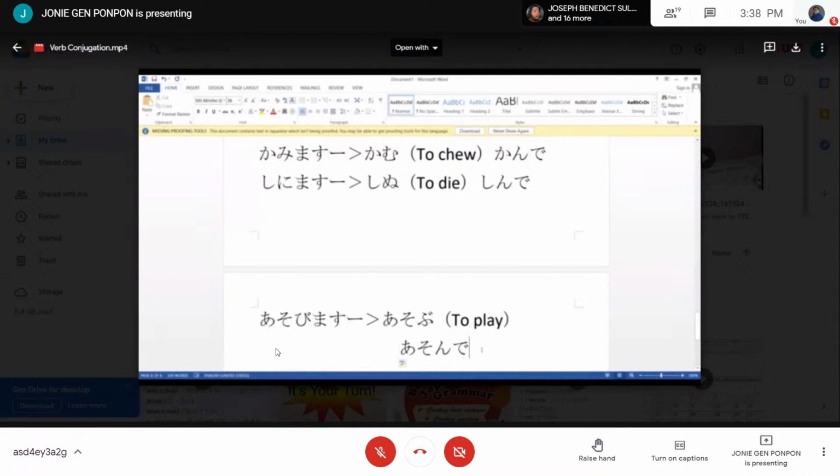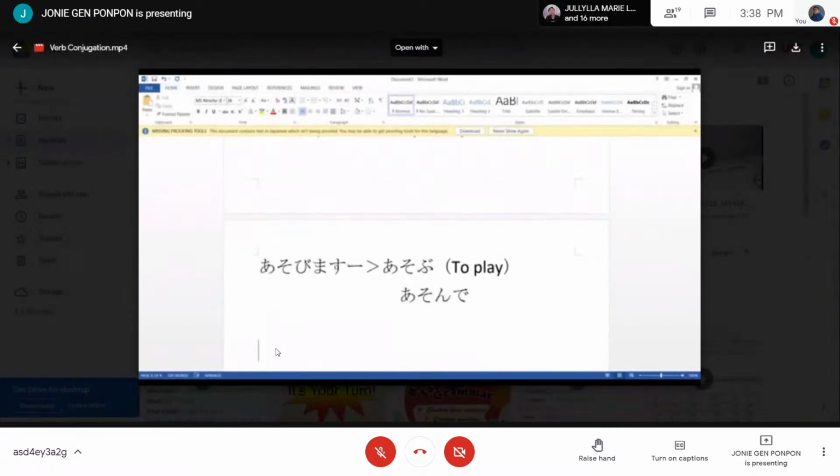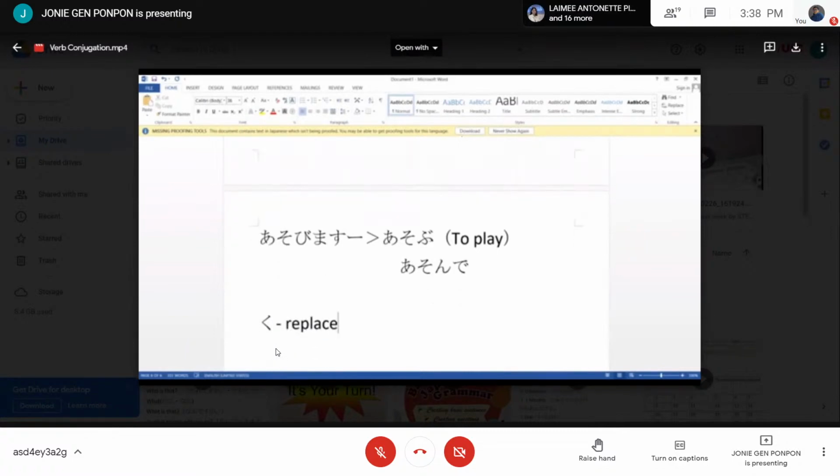Okay. Next, if the root word ends in ku, replace this with ite. Okay. So, hindi na siya tete, but the ite. Let's have example ng ku. Kiku.